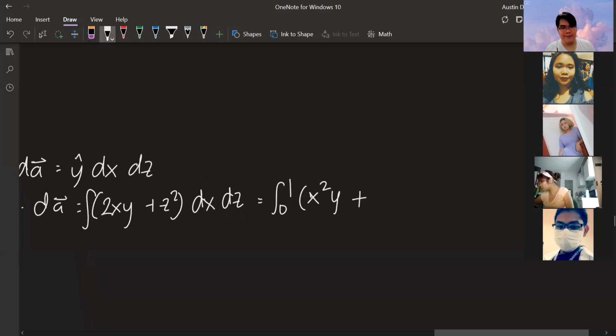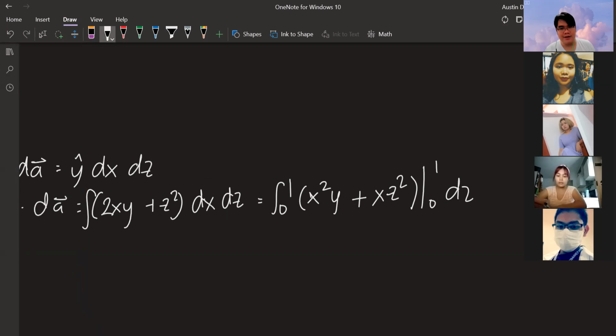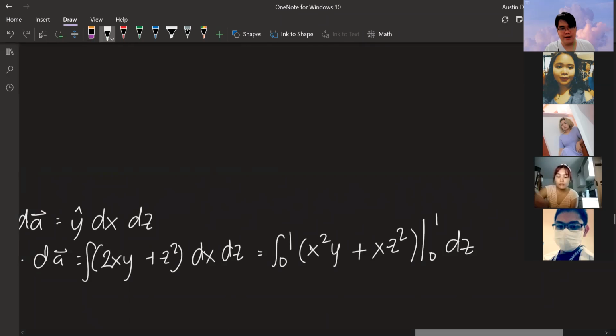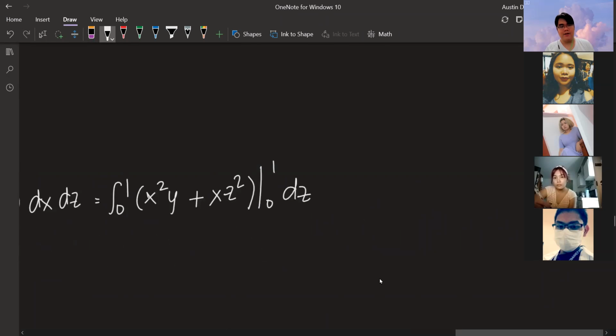And then, tutuloy natin yung integral sa z, maging x z squared, tama? And that is evaluated from 0 to 1. Matitira yung dz. So pag zero natin, mawawala lang naman sila.